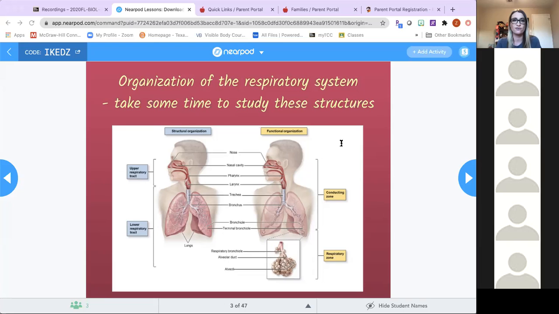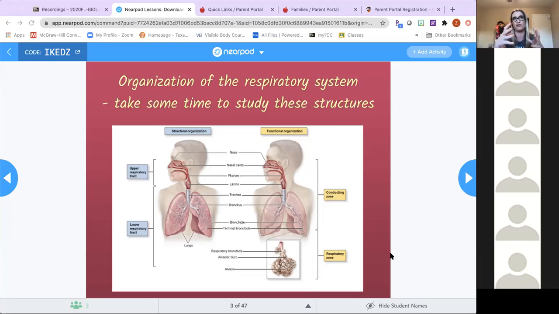As you can see for the conducting and respiratory zone, there are only three things that you can find in the respiratory zone here. And that's your respiratory bronchiole, the first bronchiole of the respiratory zone. Then your alveolar duct, and then alveoli. You might also hear the term alveolar sacs, and these are the groups of alveoli.